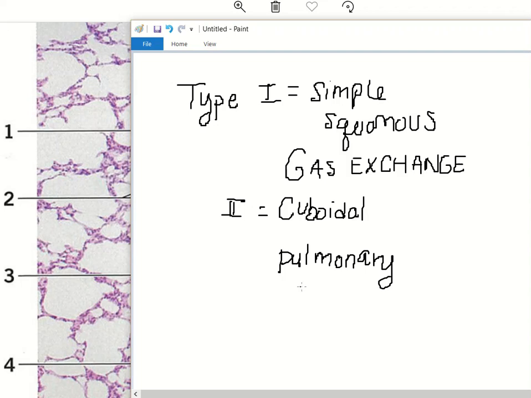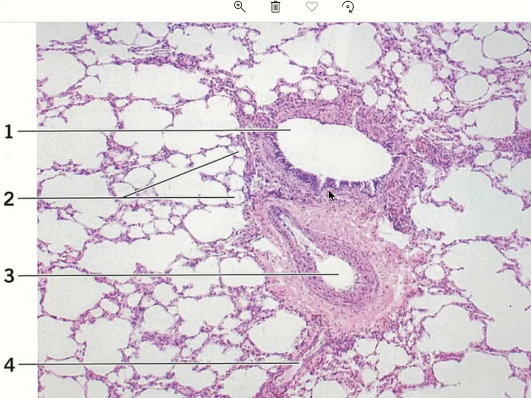So that cell is going to secrete pulmonary surfactant, and it's going to reduce that surface tension that you're going to create by constantly inflating and deflating that alveolus.